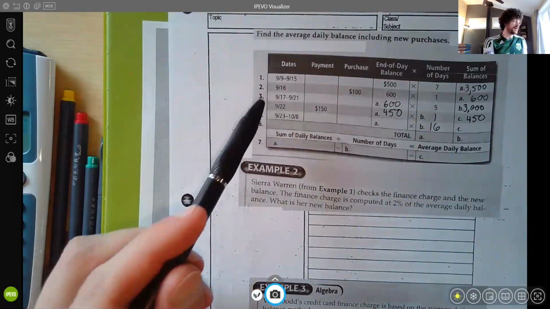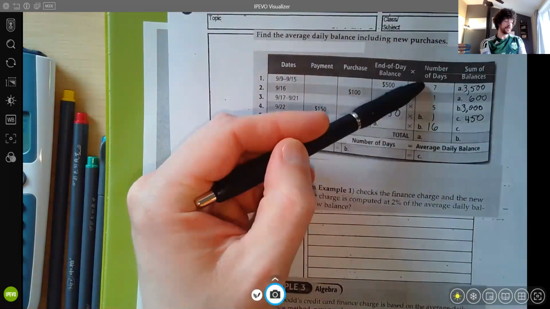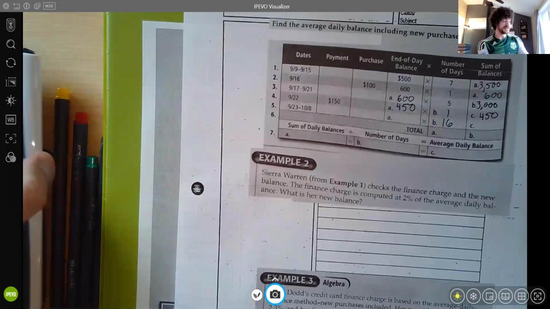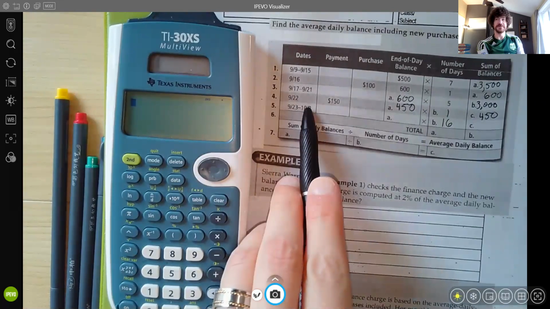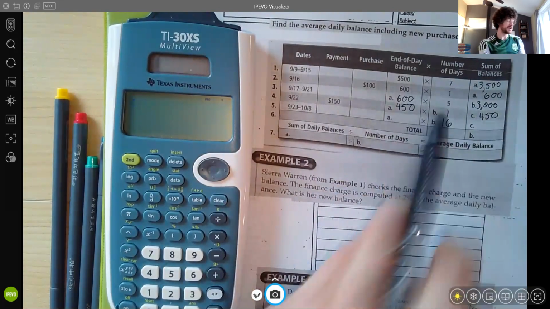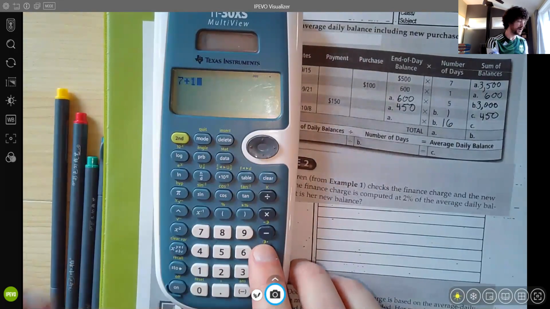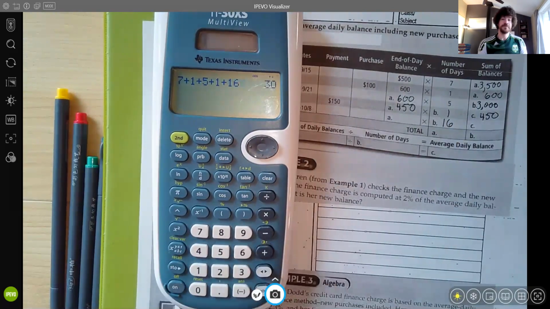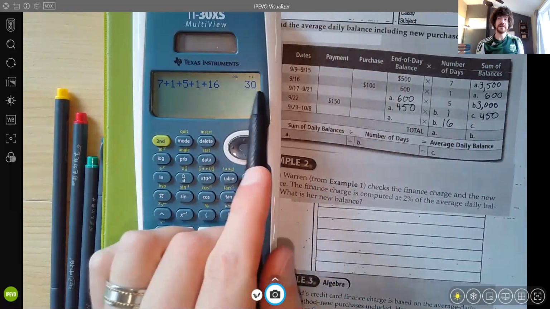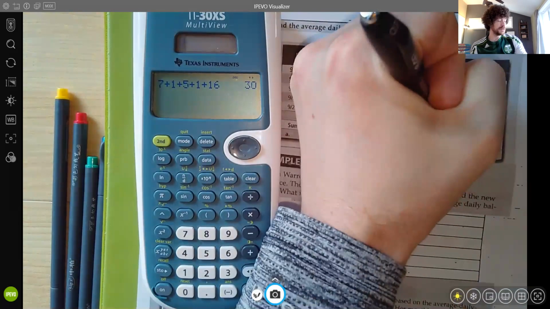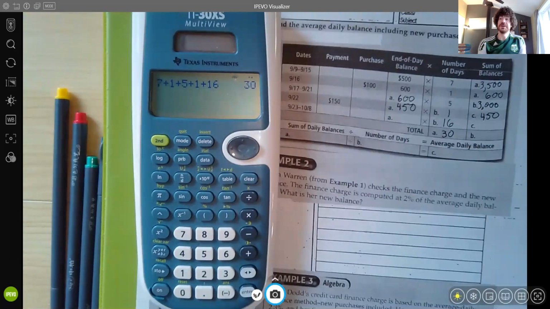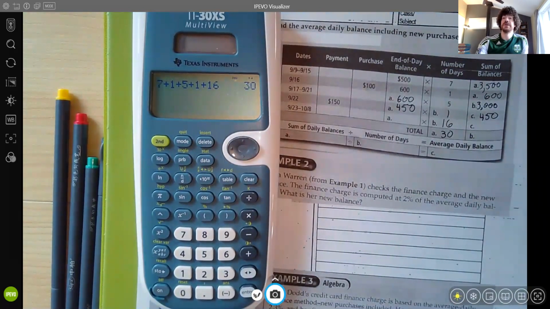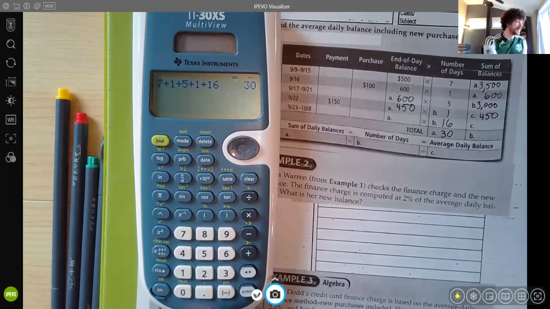So all of these numbers here should add up to 30, because September is the month that we're dealing with in terms of going from September to October. So 7, 1, 5, 1, 16, and there it is, 30 days. So it's not always going to be 30 days. It's not always going to be 31 days. Sometimes it'll be 28 days if it's February.